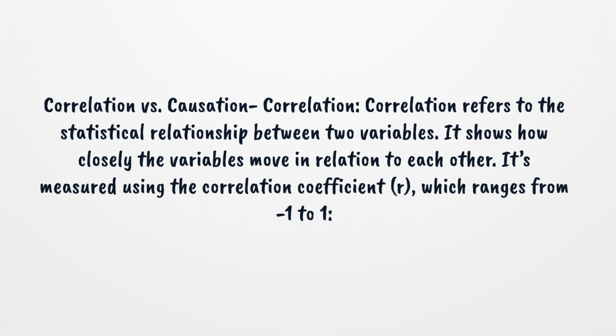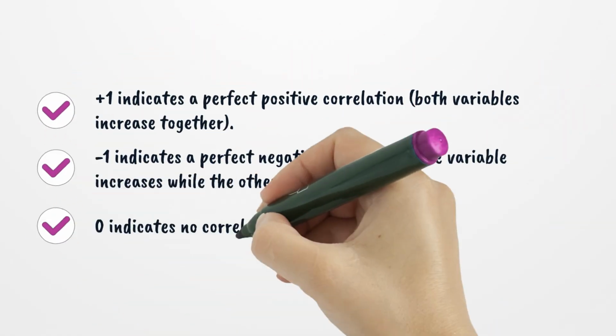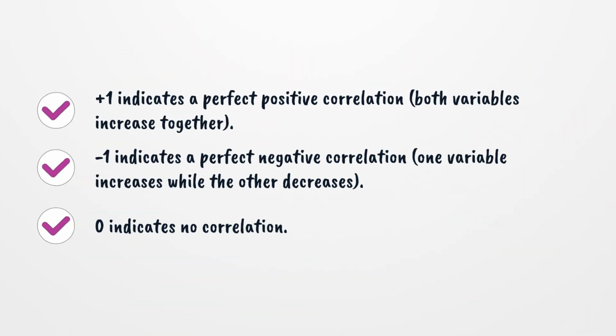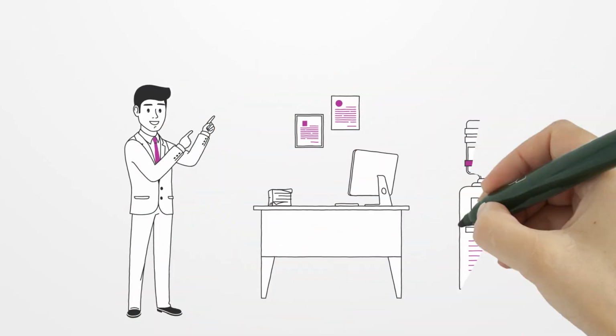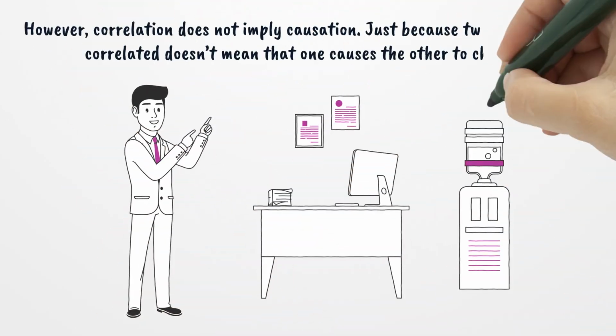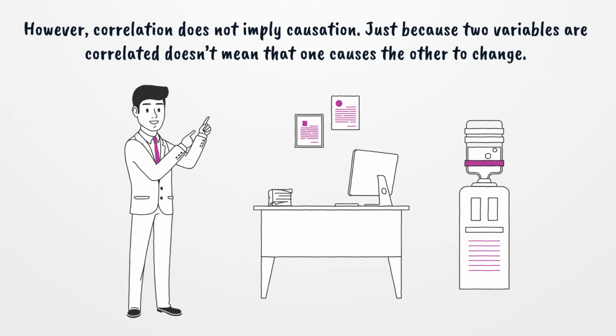It's measured using the correlation coefficient, r, which ranges from -1 to 1. +1 indicates a perfect positive correlation, where both variables increase together. -1 indicates a perfect negative correlation, where one variable increases while the other decreases. 0 indicates no correlation. However, correlation does not imply causation. Just because two variables are correlated doesn't mean that one causes the other to change.